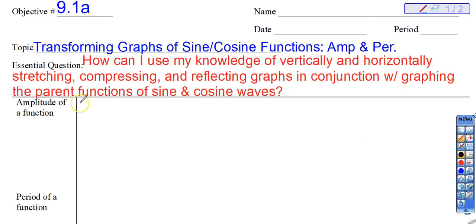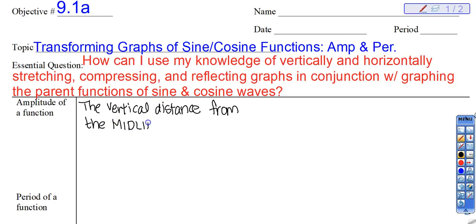The amplitude of the function is the vertical distance from the midline, and that's a vocabulary term all in itself, but you know, the middle line to the peak or trough of a wave.